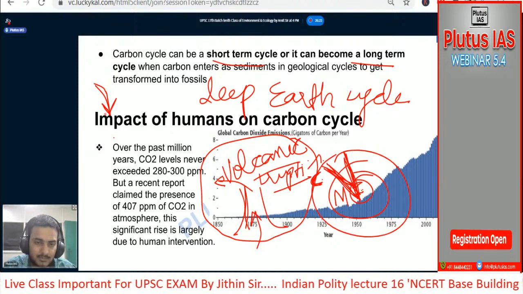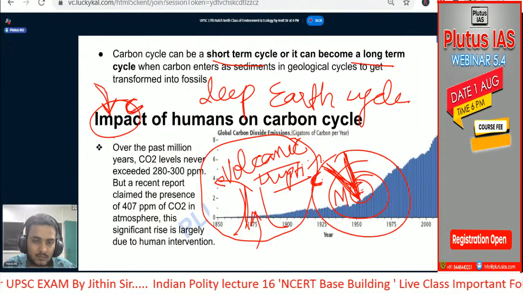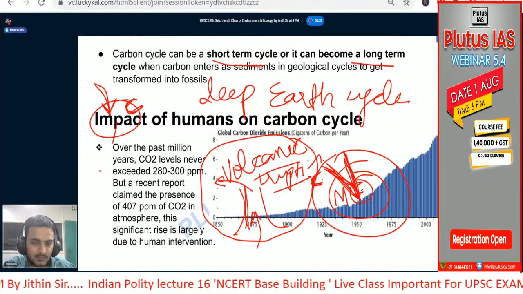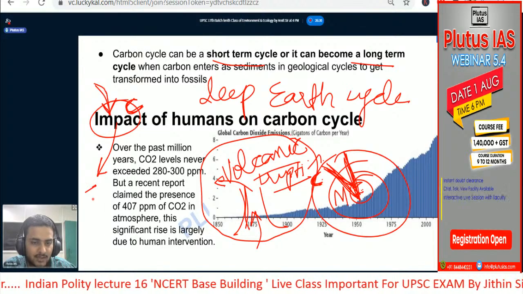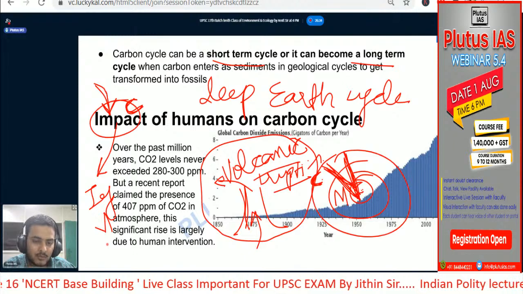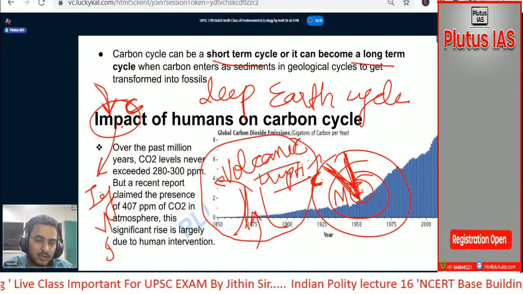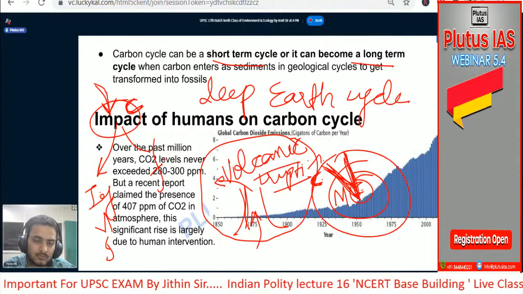And these deposits of carbon tend to convert either into rocks, like igneous, metamorphic, and sedimentary rock, or into fossil fuels.